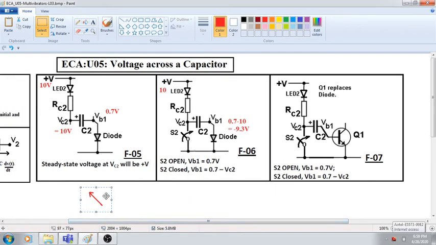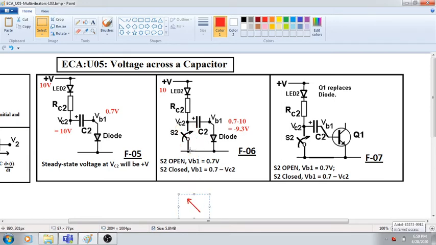So let us come to the next figure, figure 6. Now in this figure, everything else is same. VC2 is 10 volts. This side we are having 0.7 volts, and here we are connecting a mechanical switch. Now if this mechanical switch is open, what is the voltage here?